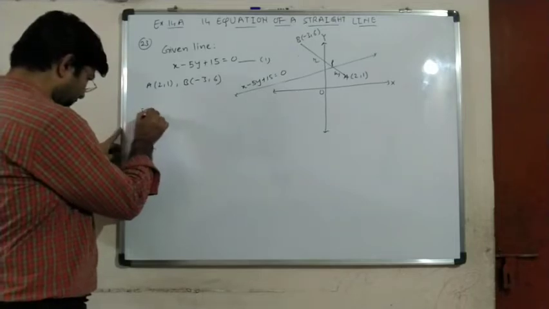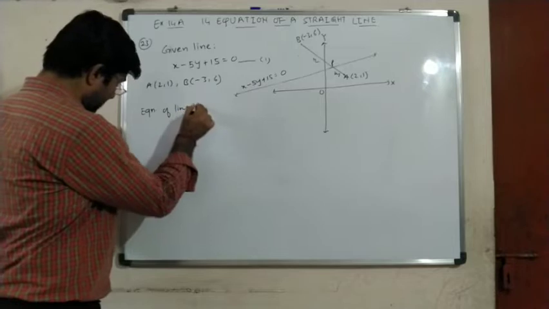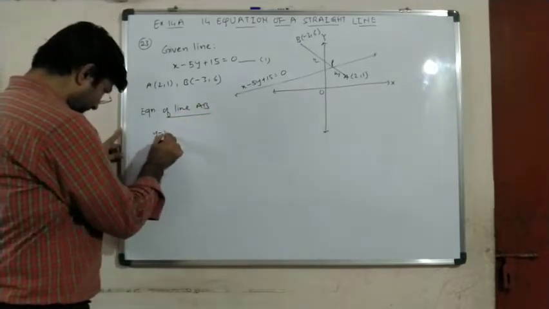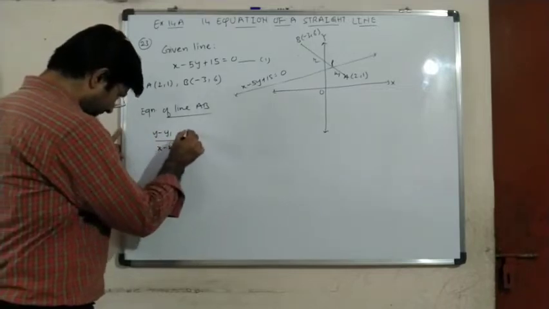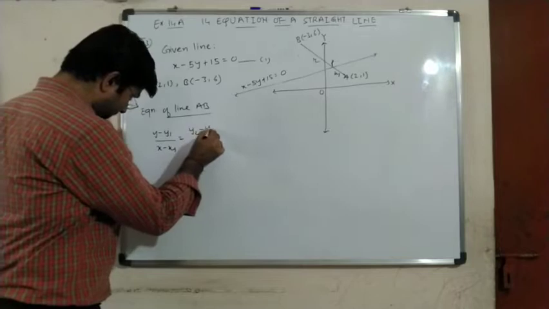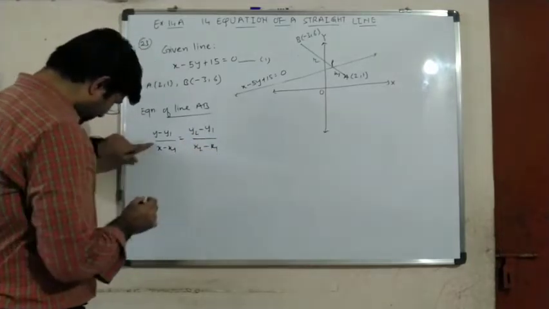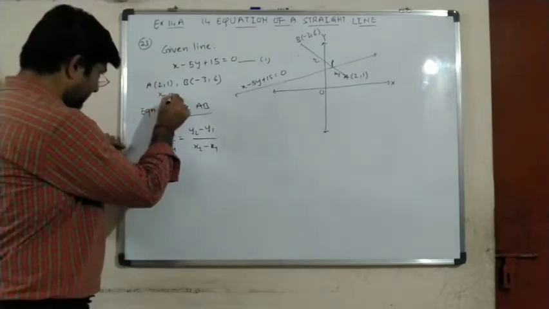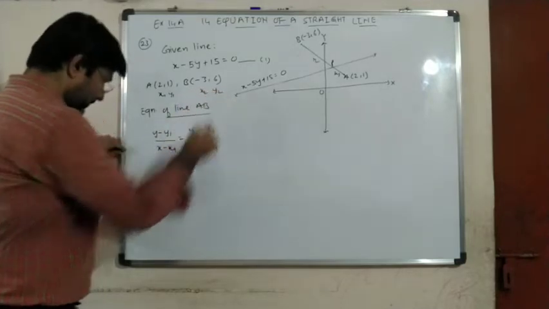Here the equation of line AB we will find using the 2-point formula: y minus y1 upon x minus x1 is equal to y2 minus y1 upon x2 minus x1, where x1, y1 are the coordinates of A and x2, y2 are the coordinates of B.